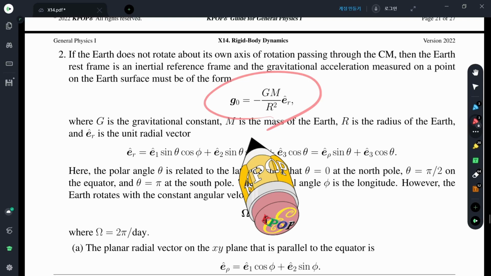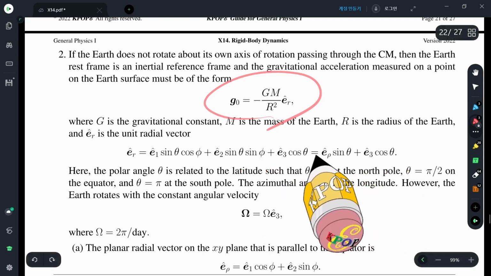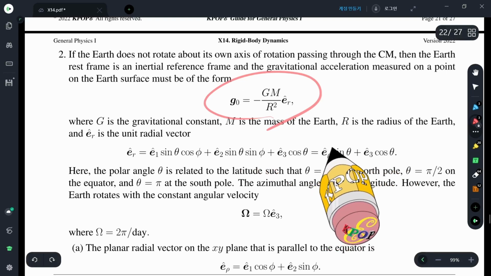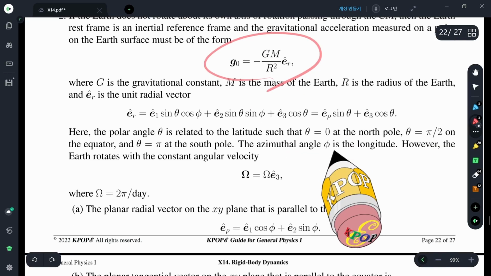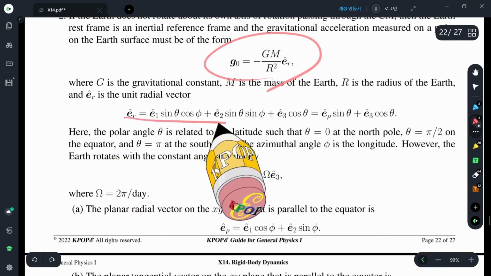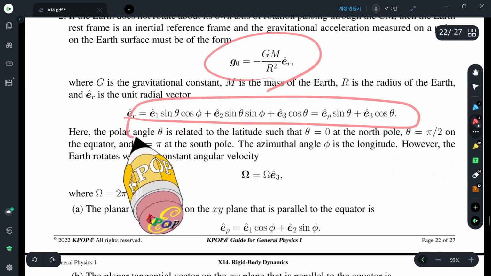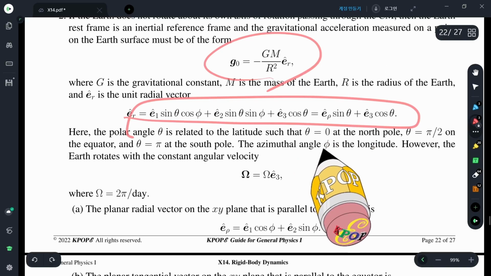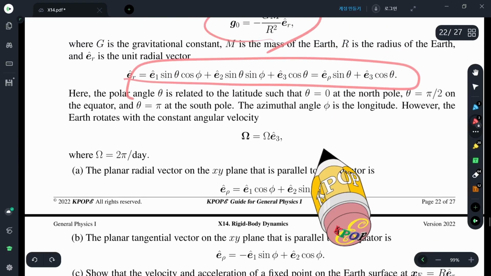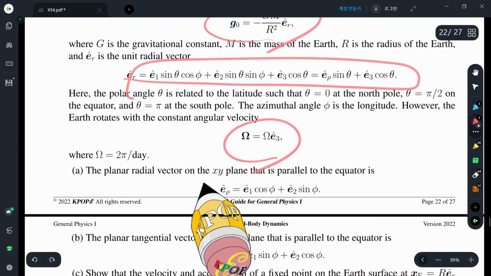This is a way how to find the actual gravitational acceleration on the surface of the Earth. First, we can write the unit radial vector we are familiar with it right now. And then we consider the axis of rotation.